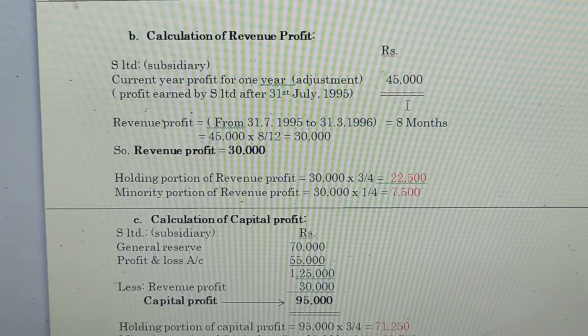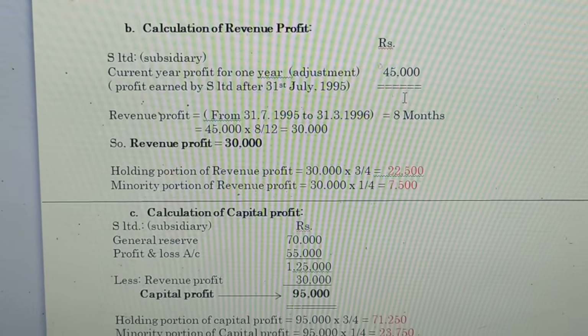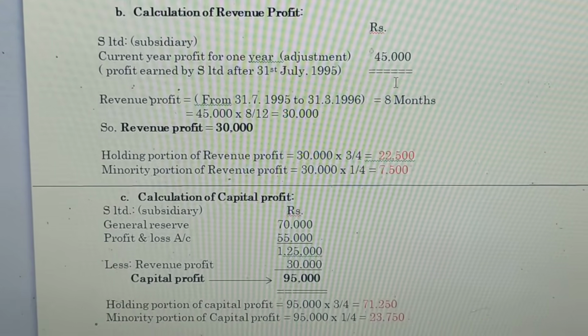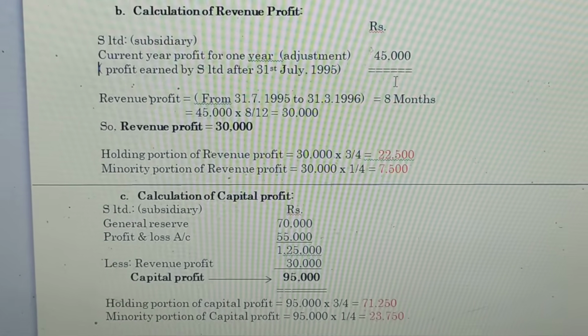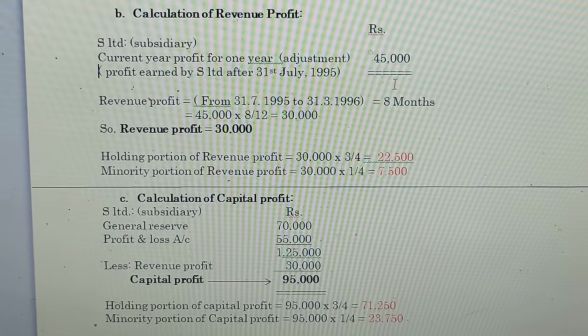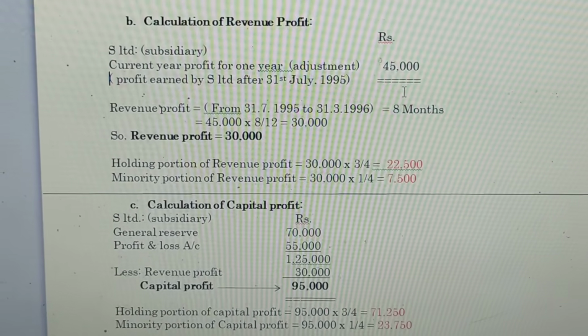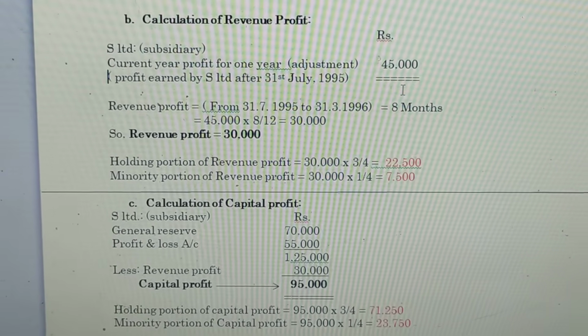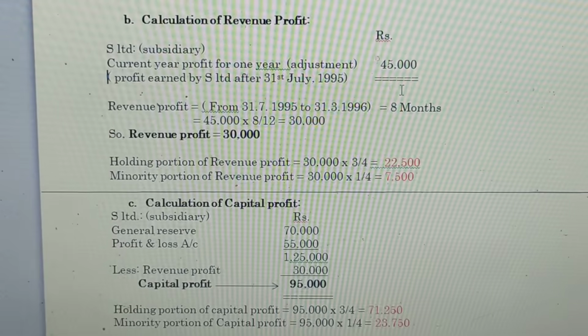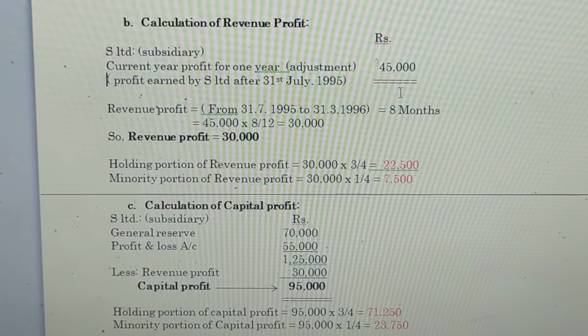That is revenue profit. Then holding portion of revenue profit equals 30,000 multiplied by 3 divided by 4, we get 22,500. And minority portion of revenue profit equals 30,000 multiplied by 1 divided by 4, we get 7,500.